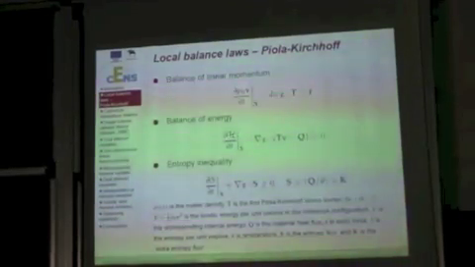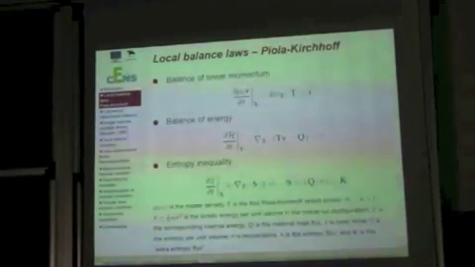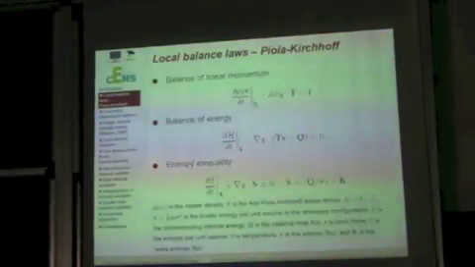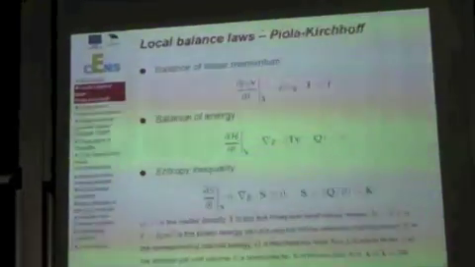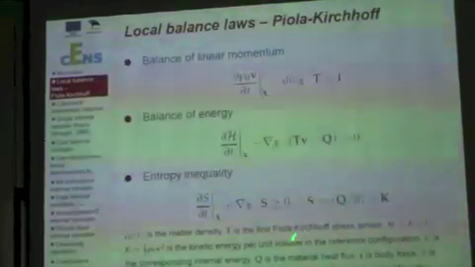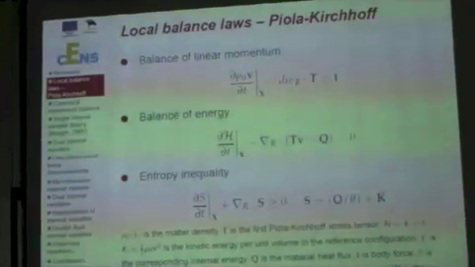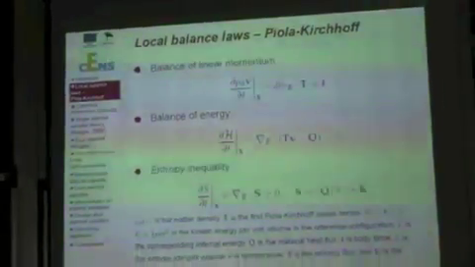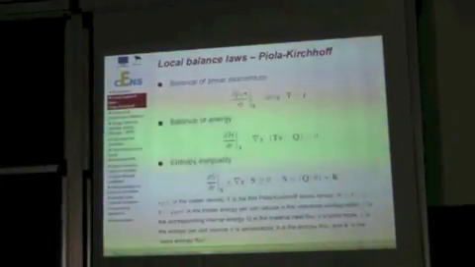This is the full energy, kinetic energy plus internal energy. The capital S is entropy, bold S is the entropy flux, and this entropy flux is not very classical. There is a so-called extra entropy flux, which in most cases may be zero, but it is not a general requirement.